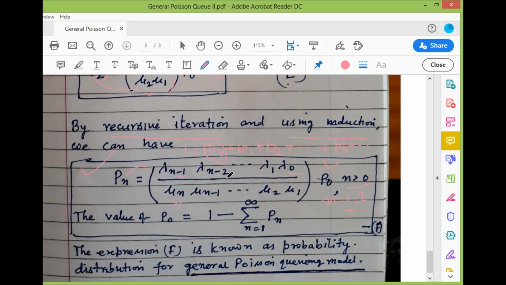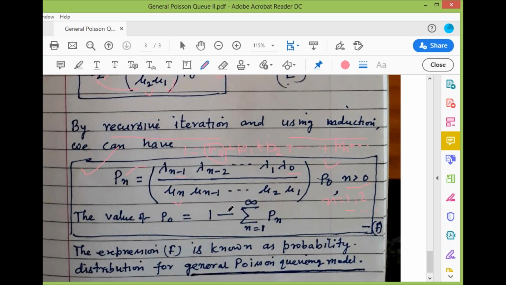This will give the probability expression for all the particularized queueing models, all special models. Then we will see the Poisson expression. If it is not a Poisson expression, then why are we saying Poisson?